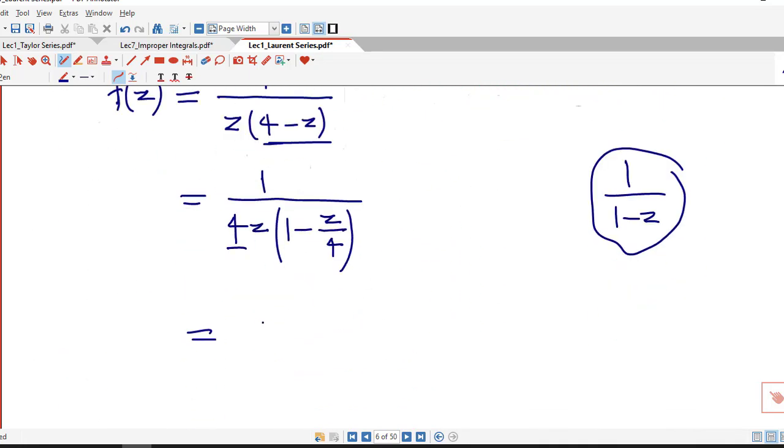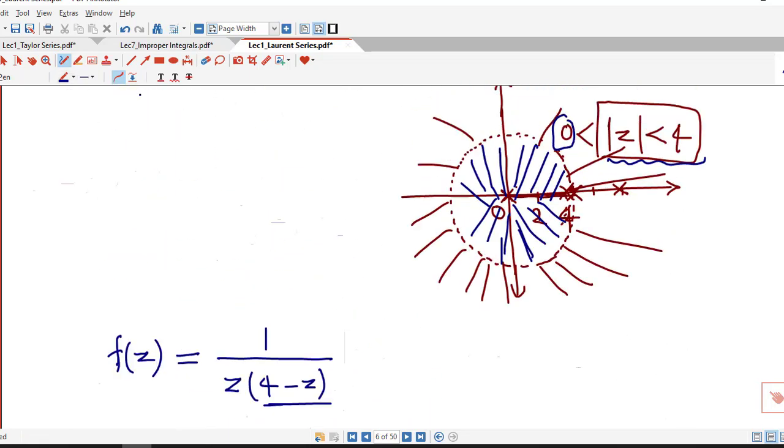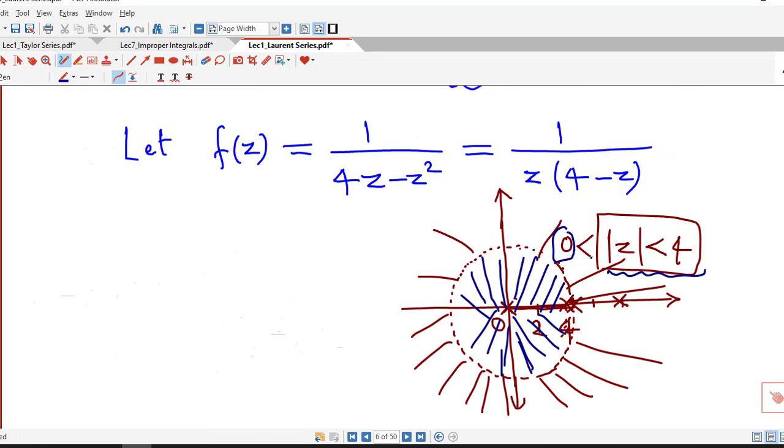So I am not doing anything to this 1 by 4z. I keep it as it is, and I use the Maclaurin series of 1 over 1 minus z, which is sigma z raised to n. Here instead of z we have z by 4, so we write z by 4 raised to n. Our function is analytic in the open disk, in the domain 0 less than mod z less than 4.